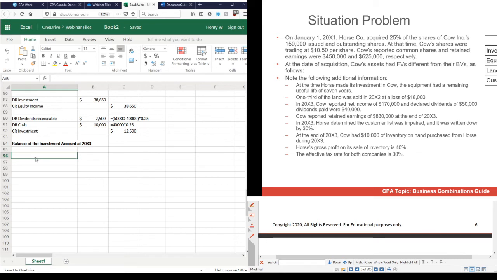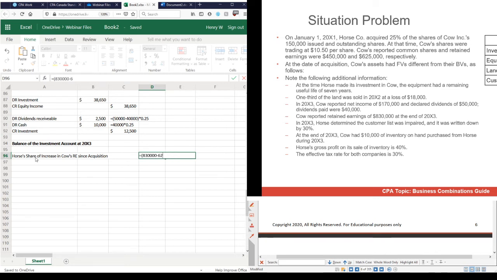Okay, so share of increase, horse's share of increase in cow's retained earnings since acquisition, which is 830,000. Okay, so this is given, right? So 830 minus 625 times 25%.